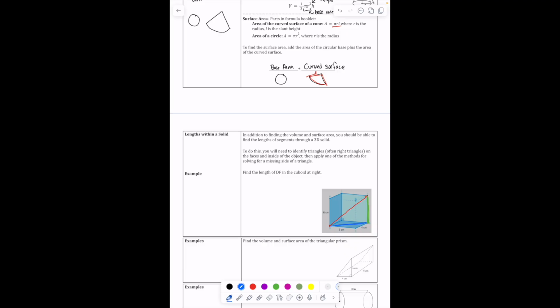So if we build what we've got here, we've got the diagonal, which is what we want. We have this leg, and we have this leg here. We know this height will be 6 because it's the same height all the way around. But then what we're trying to find is red, but we don't have blue yet because blue is also a diagonal. It's a diagonal going through the base here.